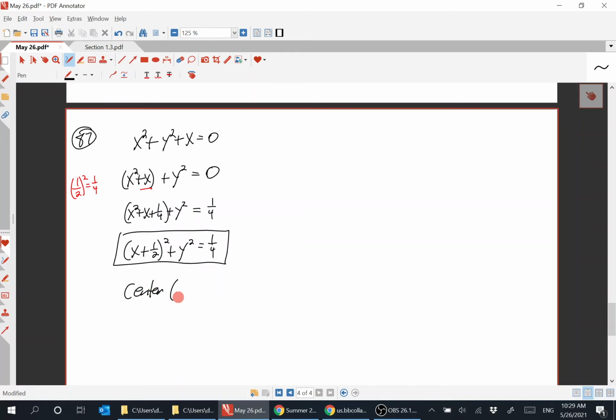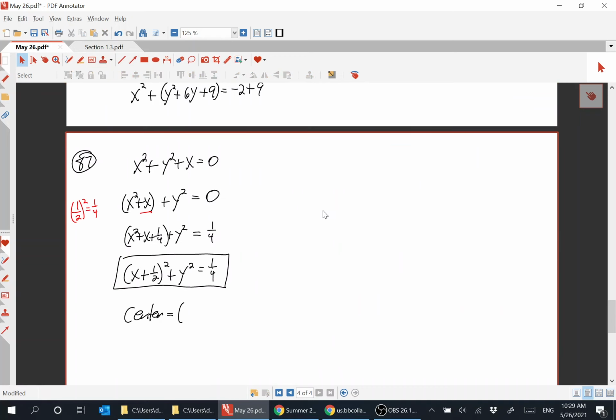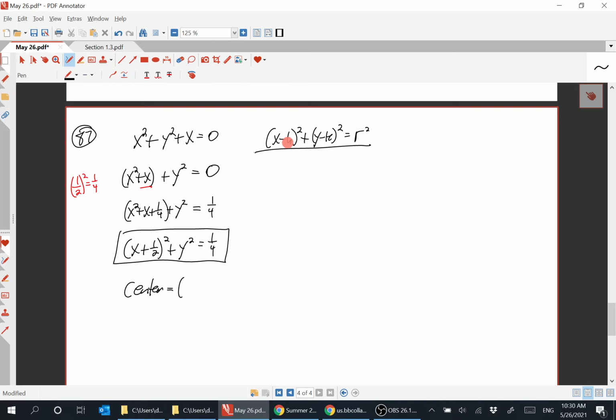So the center's x coordinate is -1/2. Right? So going back to the standard form here, (x minus h) squared, (y minus k) squared.